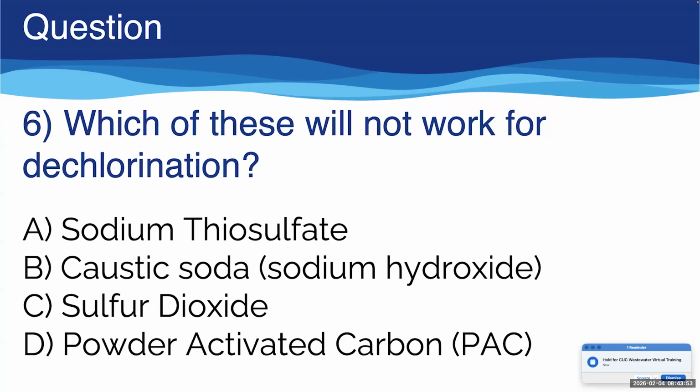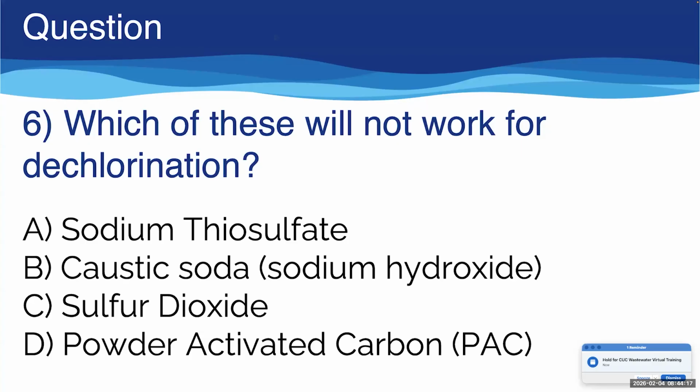So sodium thiosulfate, sulfur dioxide, and PAC are all potential options for dechlorination, but caustic soda is not going to do the trick. So in this case, and this is one of those things with the sneaky exam writers, you got to read closely. This is which one will not work.